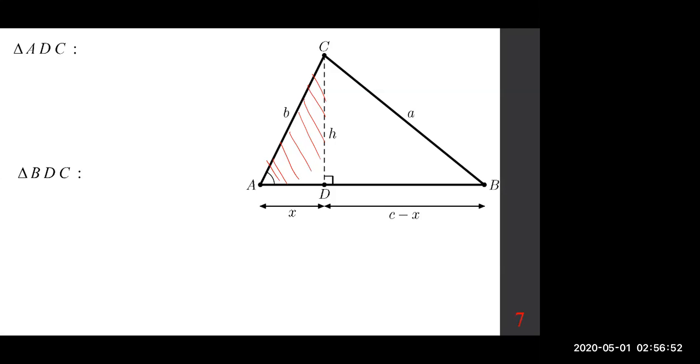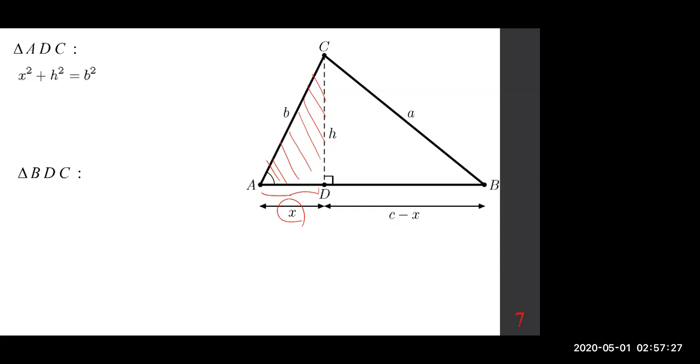We can write a couple of things. We can write the Pythagorean theorem, which involves the smaller sides or the legs. So this side AD, we say it's x. So x squared plus h squared is b squared, right?